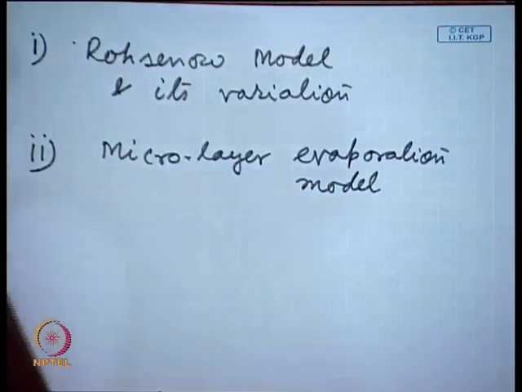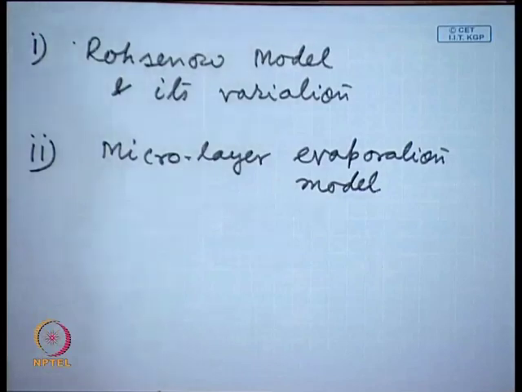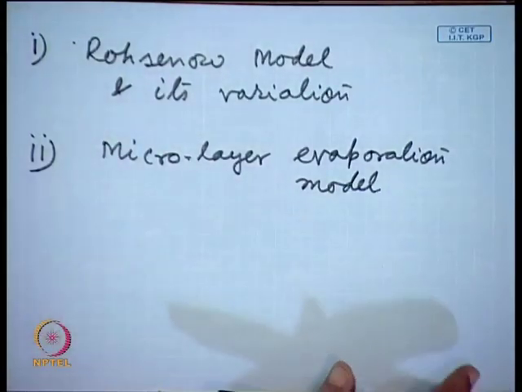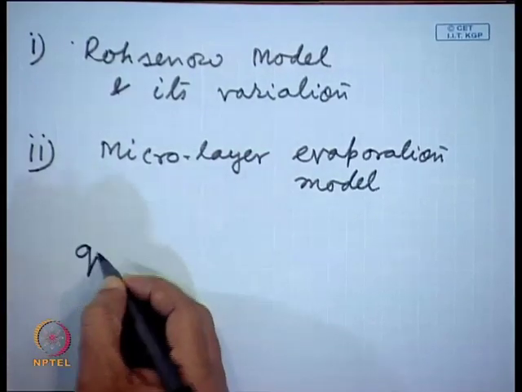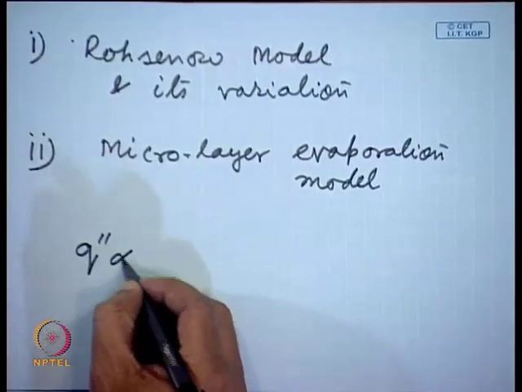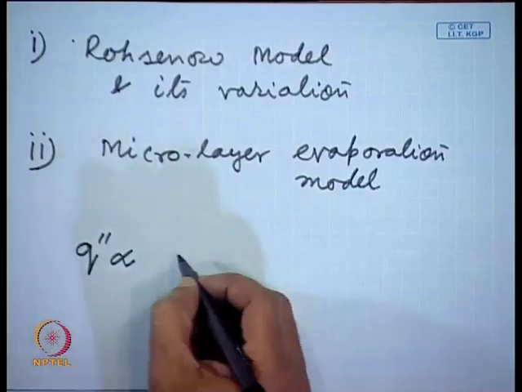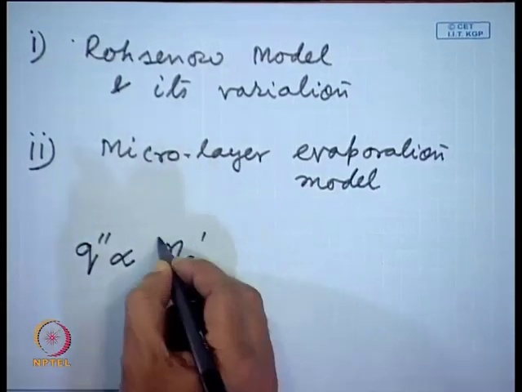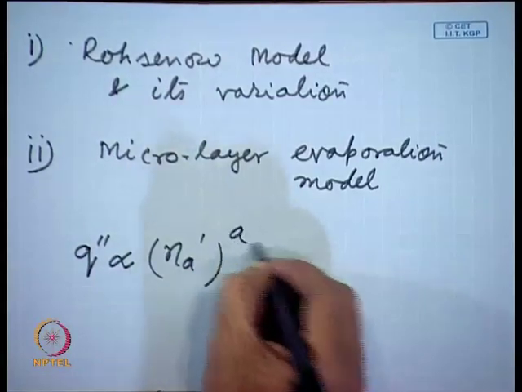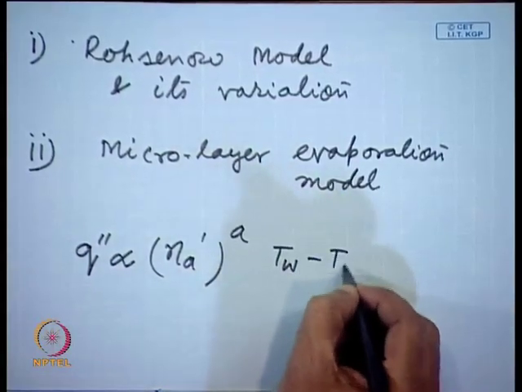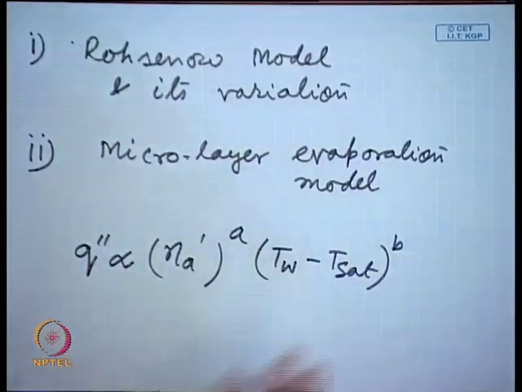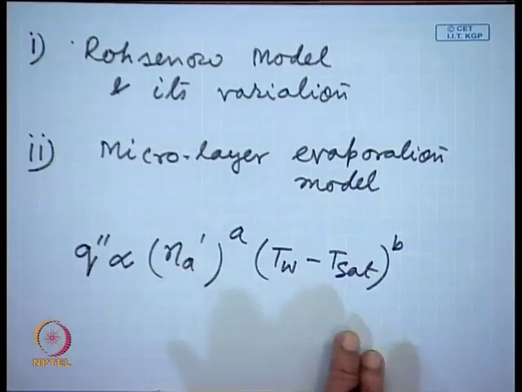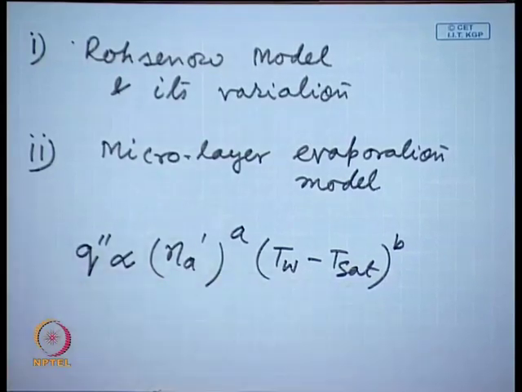The experimental evidence shows that this is proportional to two very important parameters, Na dash to the power A and Tw minus T saturated to the power B. There will of course be some numerical constants etc., but for any boiling experiment this type of relationship is obtained.